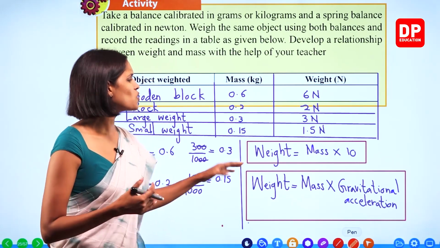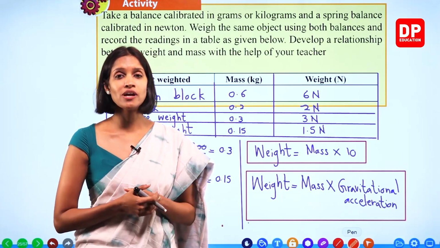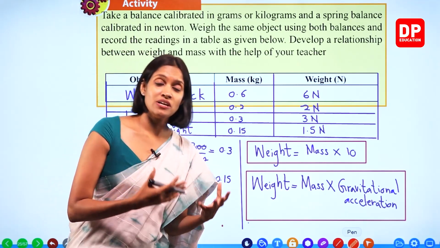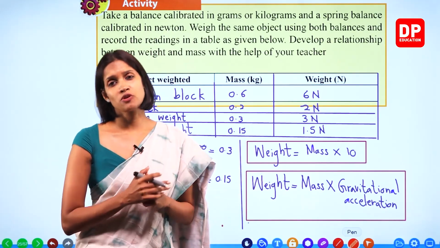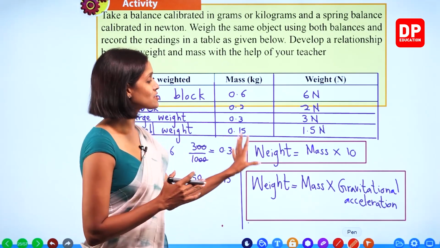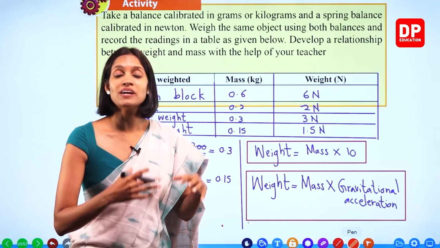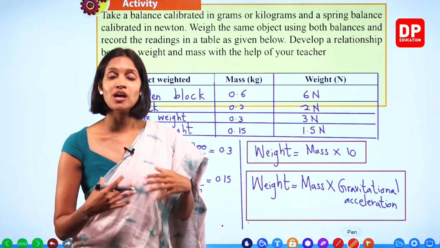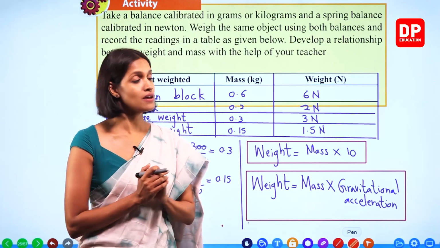Right, children? So in our day-to-day life we say, my weight is 45 kilograms, right? My weight is 30 kilograms. You have to measure 1 kilogram of sugar. But in science, we now know weight and mass are two different things. What is given in grams, kilograms, milligrams is actually not weight, that is mass.